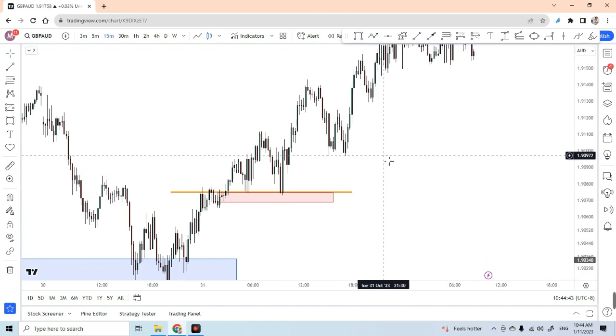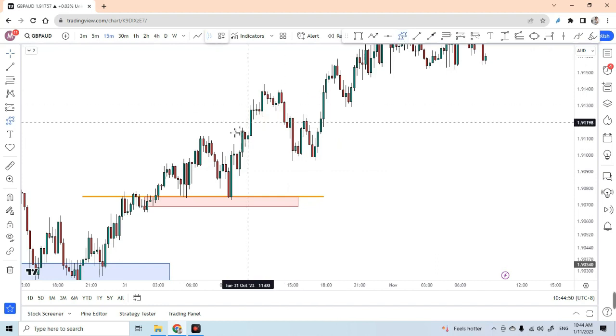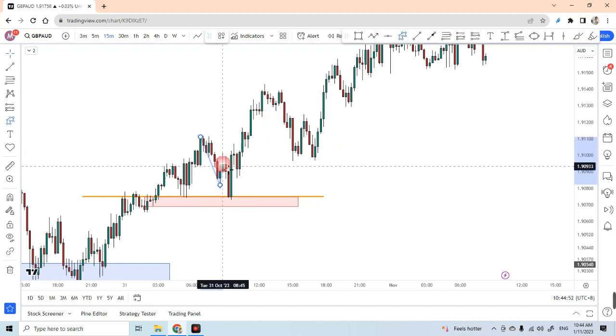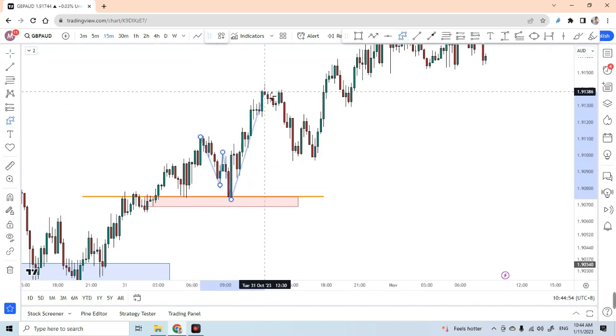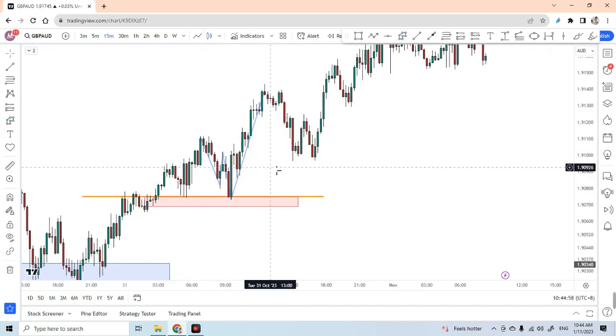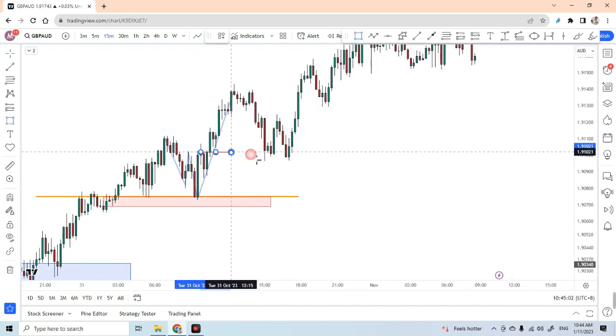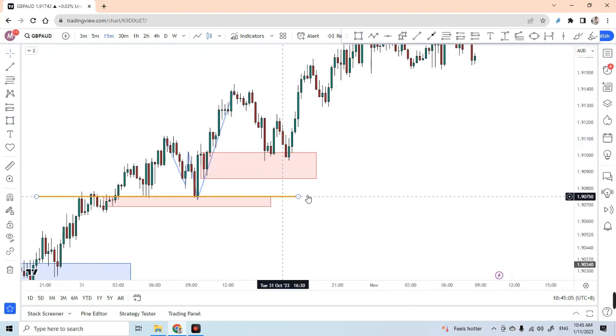Is that enough? No, not enough. What else? There is something we call the QMC. What is the QMC? Quasimodo setups continuous, because the trend is an uptrend. And what happened? Another nice entry right there.